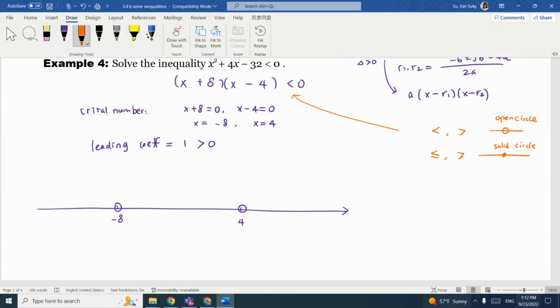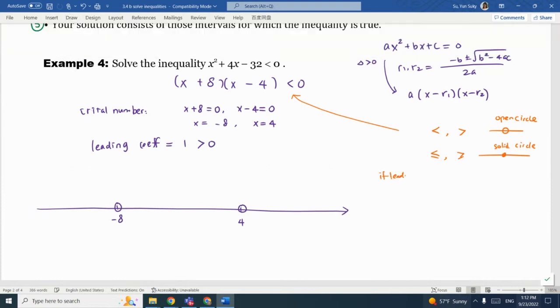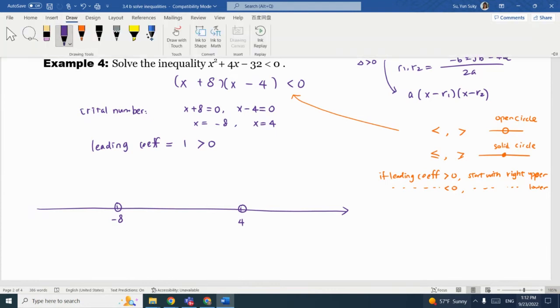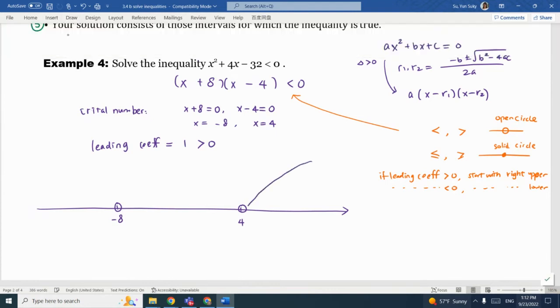So if the leading coefficient is positive, we start with the right upper corner. If the leading coefficient is negative, we start with the right lower corner. Do you remember that? So 1 is positive, so we start with the right upper corner.